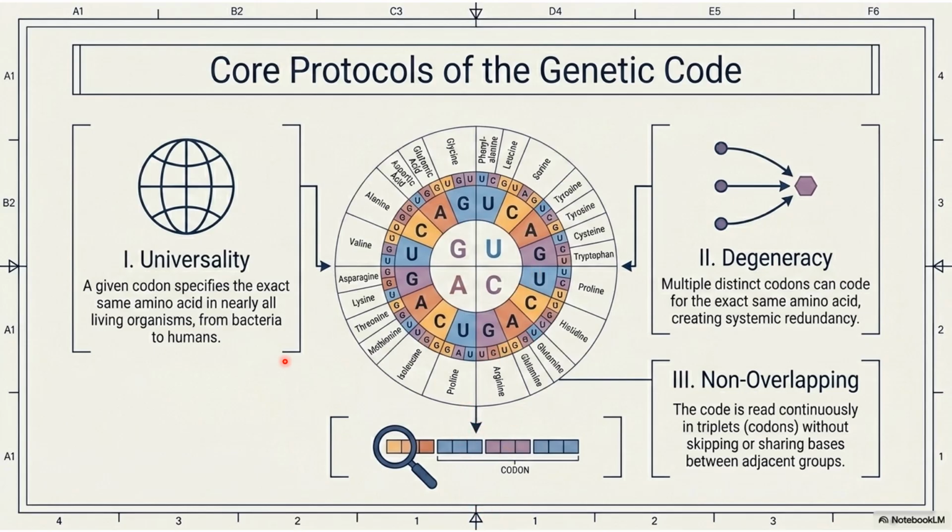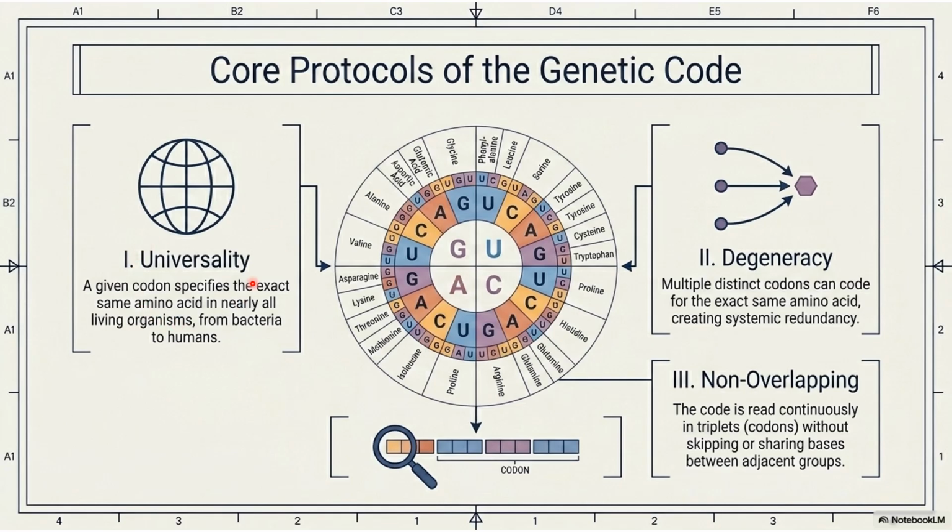Okay. So these 3 are the common protocols or common basis for reading a genetic code. First is universality. All organisms give a specific amino acid for a particular codon. It will not vary depending on the organism. The only exception is mitochondrial DNA. When it is translated, certain codes will be changed.